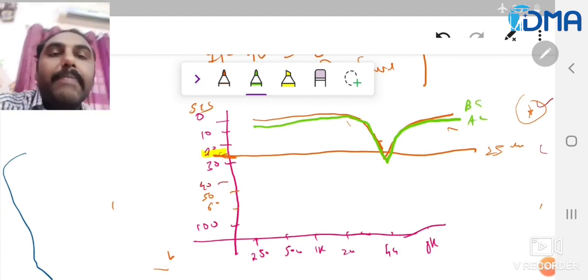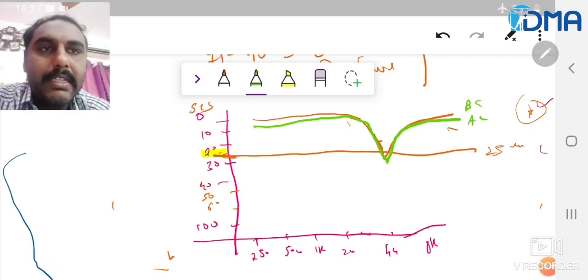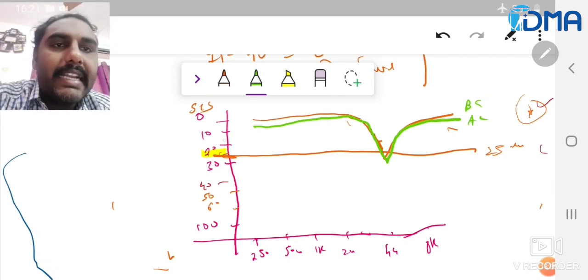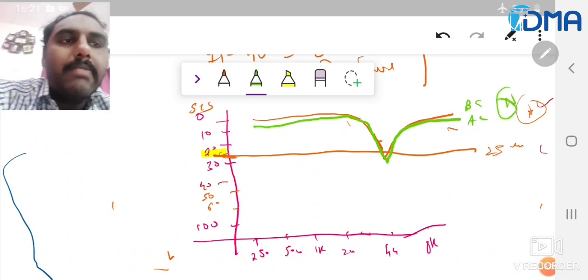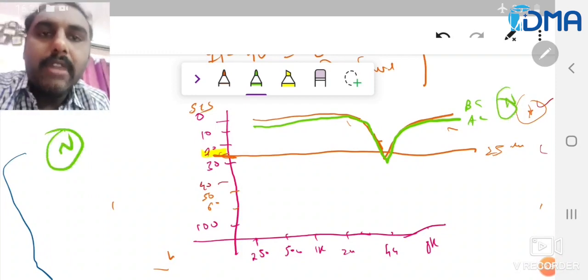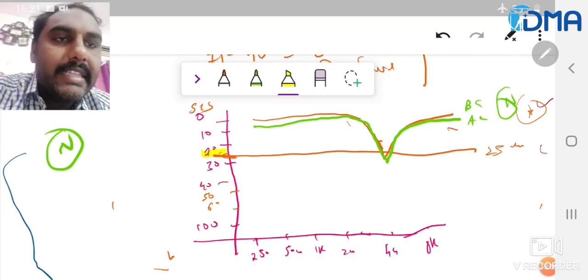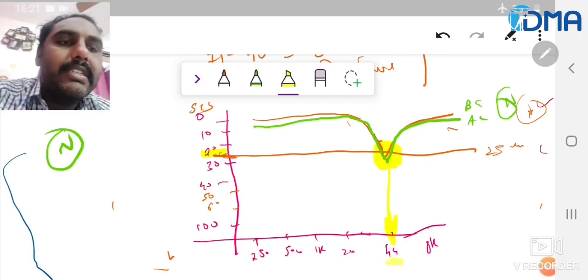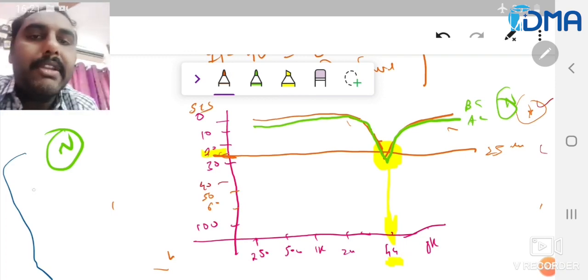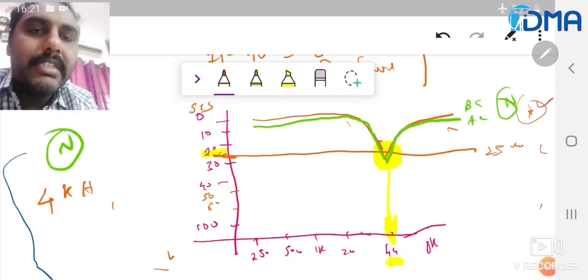So is it normal or abnormal? Both bone conduction and air conduction are in the normal range, so it should be normal. But what happens here? There is a dip in the audiometry at 4000 Hertz.